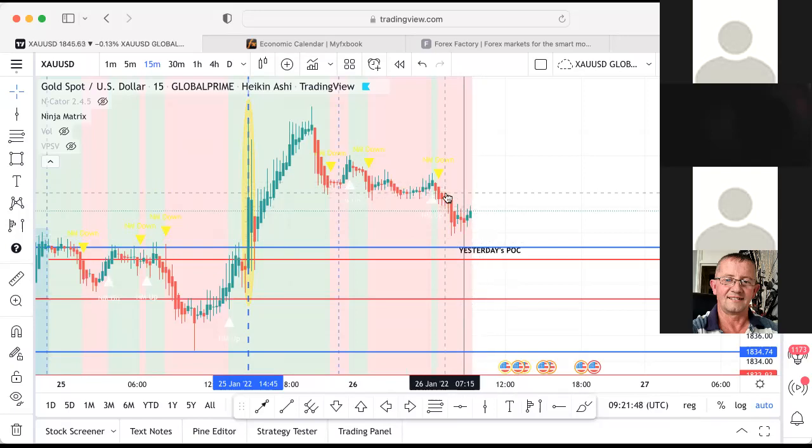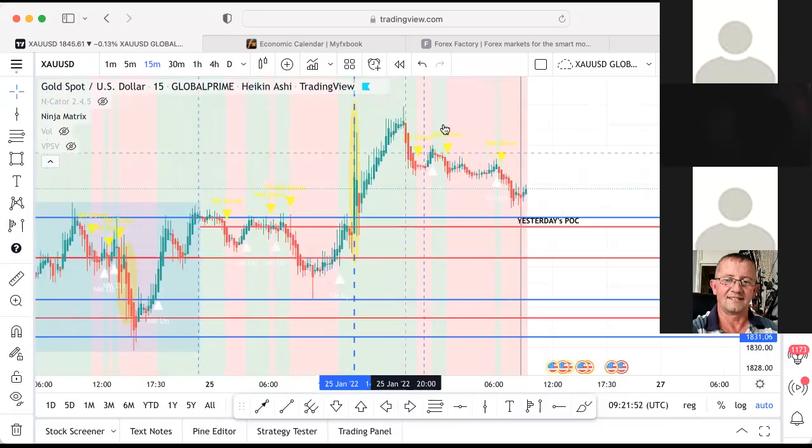Yeah, that makes sense. But the actual strategy would only be about taking the trade down to the POC. If you're taking the 3-line strategy totally literally, you only take trades to the POC.